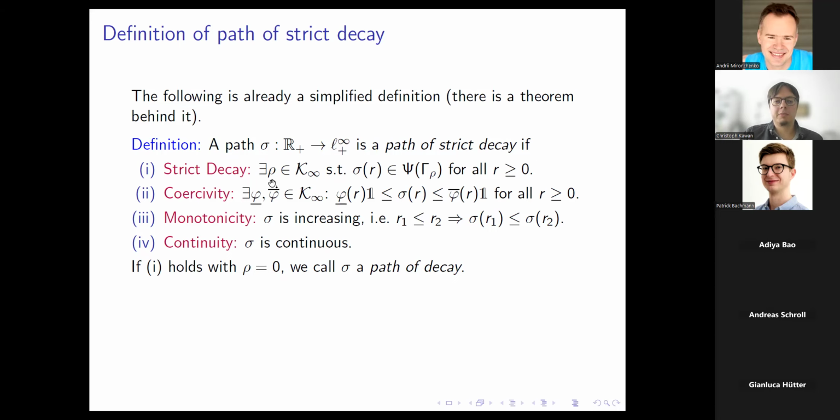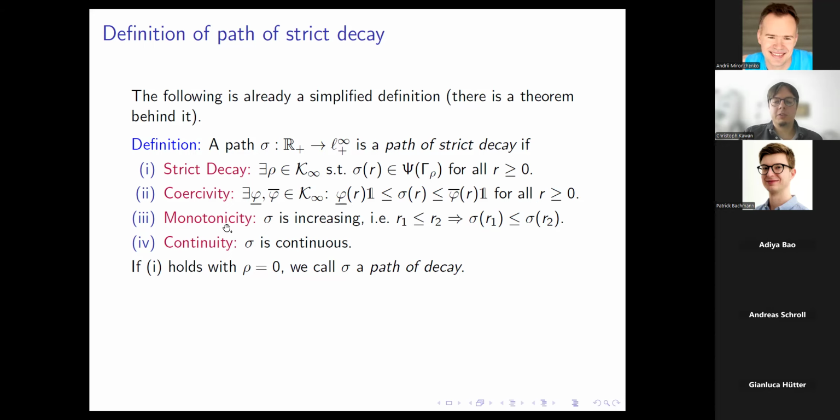The first one is strict decay, which means that the values of the path are all in the decay set of the enlarged gain operator gamma rho for some rho. So this is a strict decay condition. Next one is a coercivity condition, that we have K infinity functions, phi underline, phi overline, with inequalities like this here for all r.